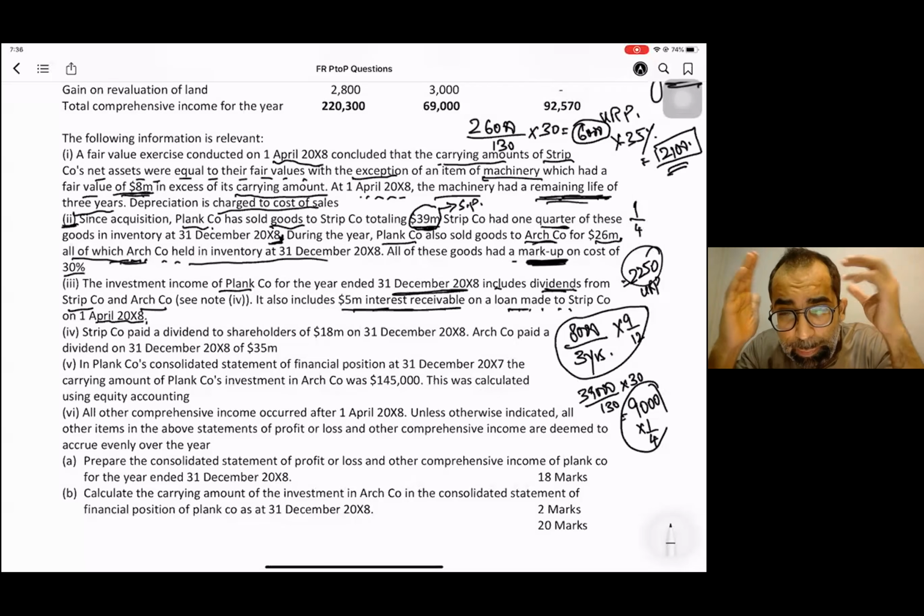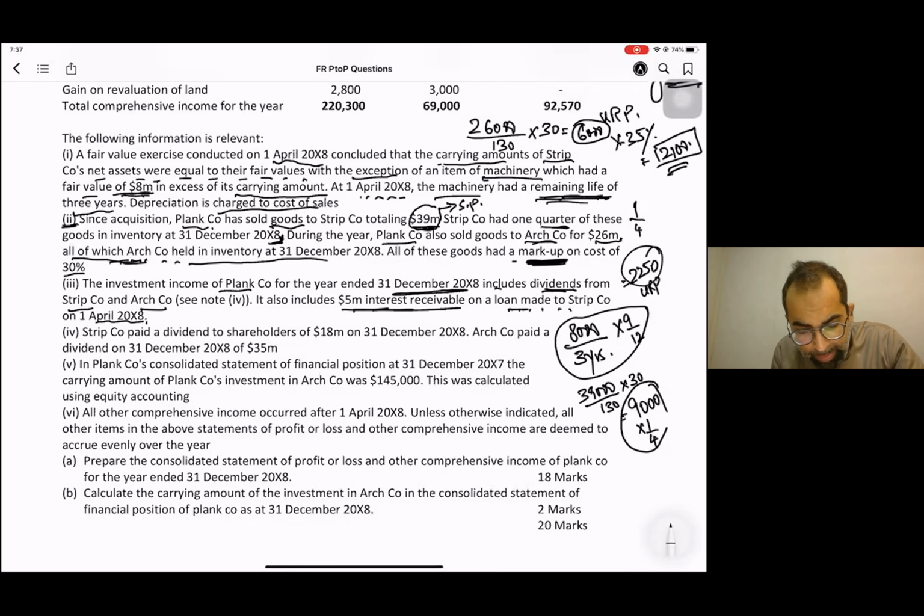Okay, and parent company has given a loan to S company on the same date, 1st April. So that means this 5 million interest belongs to only the last 9 months.